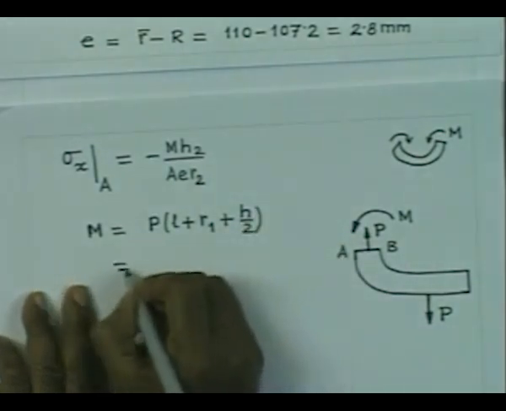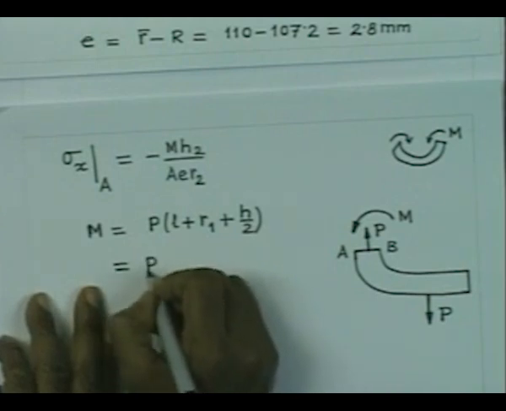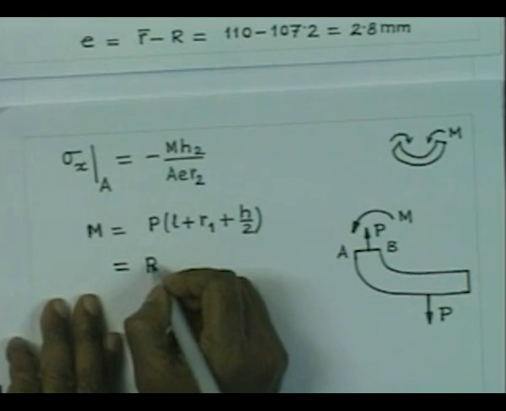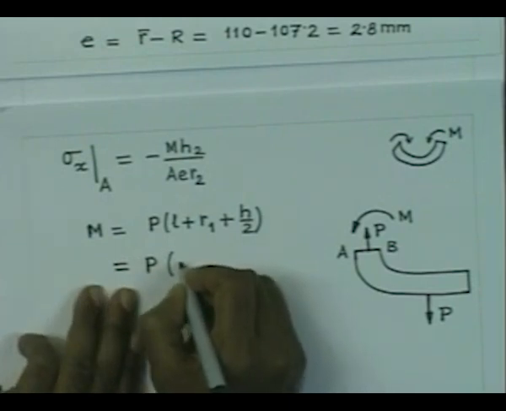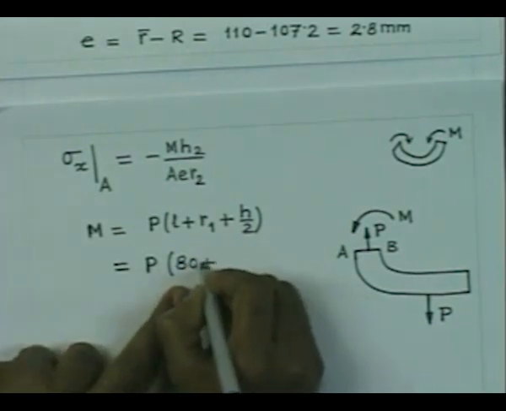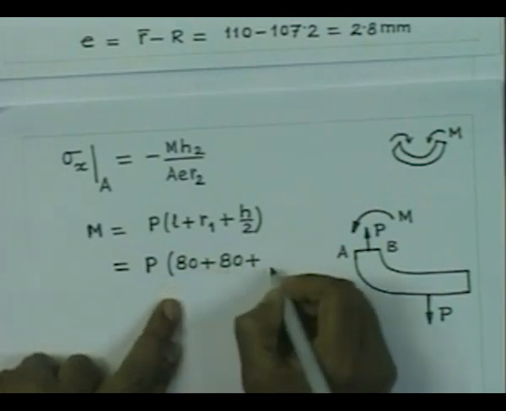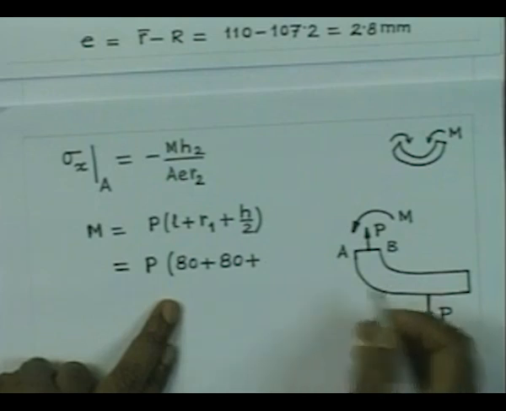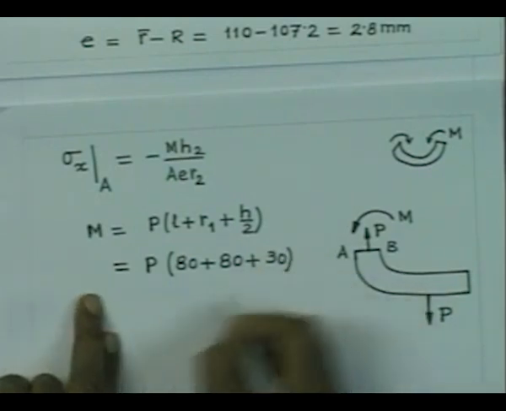So, if we do that, P is 20 kilonewton, L is 80, R1 is 80, and the height is 60, so H by 2 is 30.